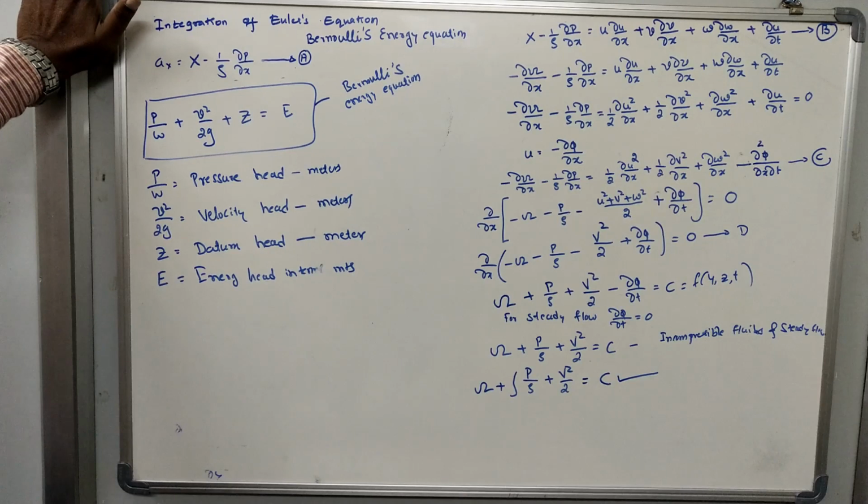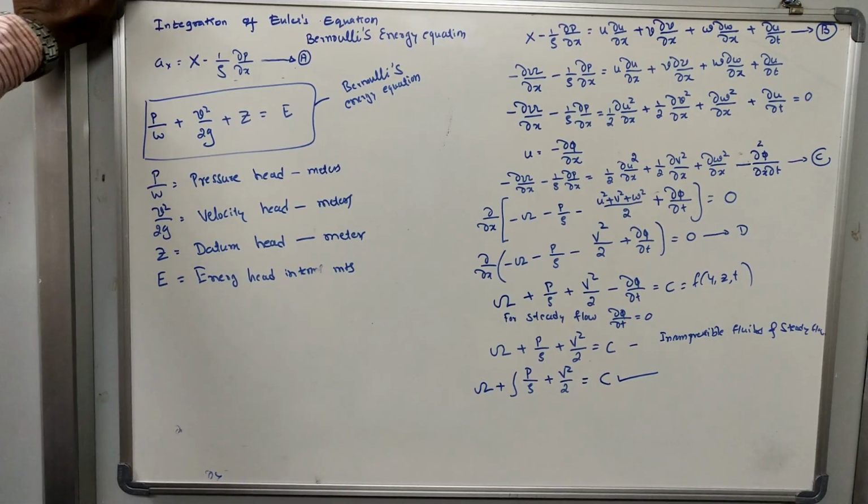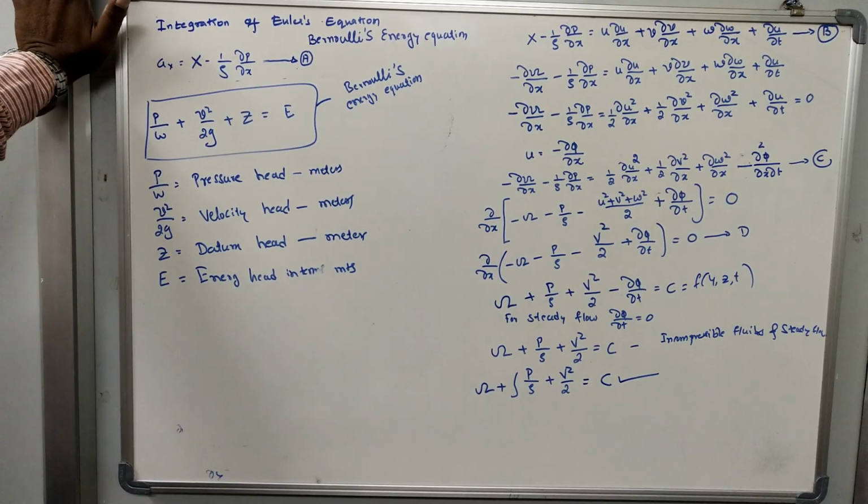The first assumption is that a force potential exists. That force potential is defined such that its negative derivative with respect to any direction gives you the body force per unit mass in that direction. The second assumption is that the flow is incompressible.